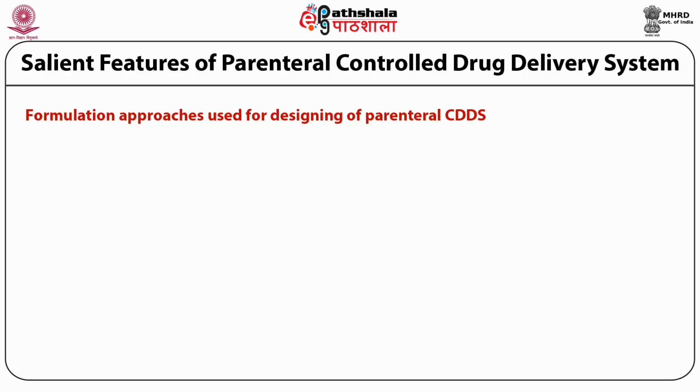In order to meet this goal, a variety of formulation approaches have been used by different manufacturing scientists. The routes which are commonly exploited include, number one, preparations which are viscous and are usually made by using water-miscible vehicles and sometimes make use of the aqueous solution of gelatin.